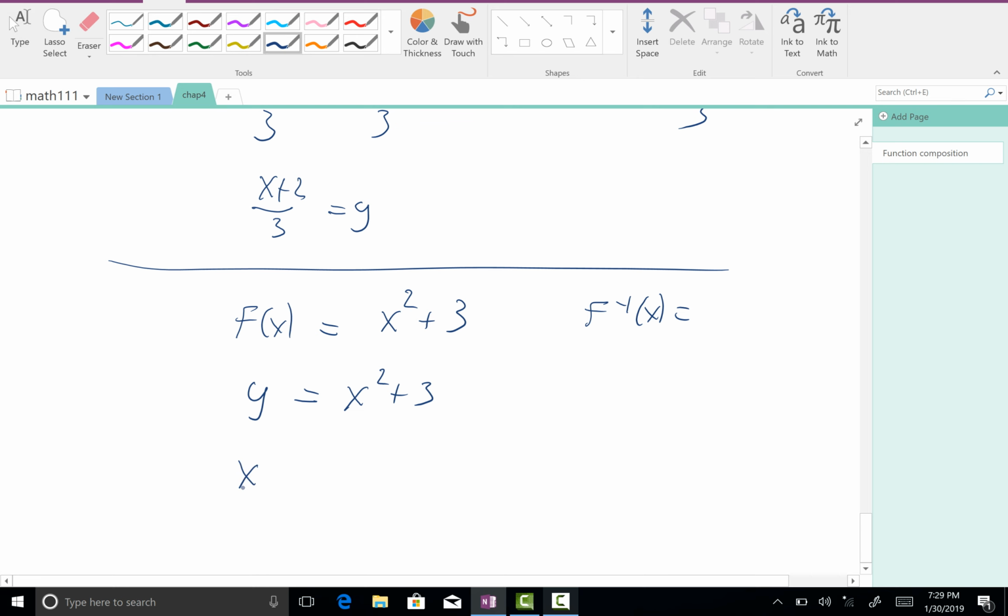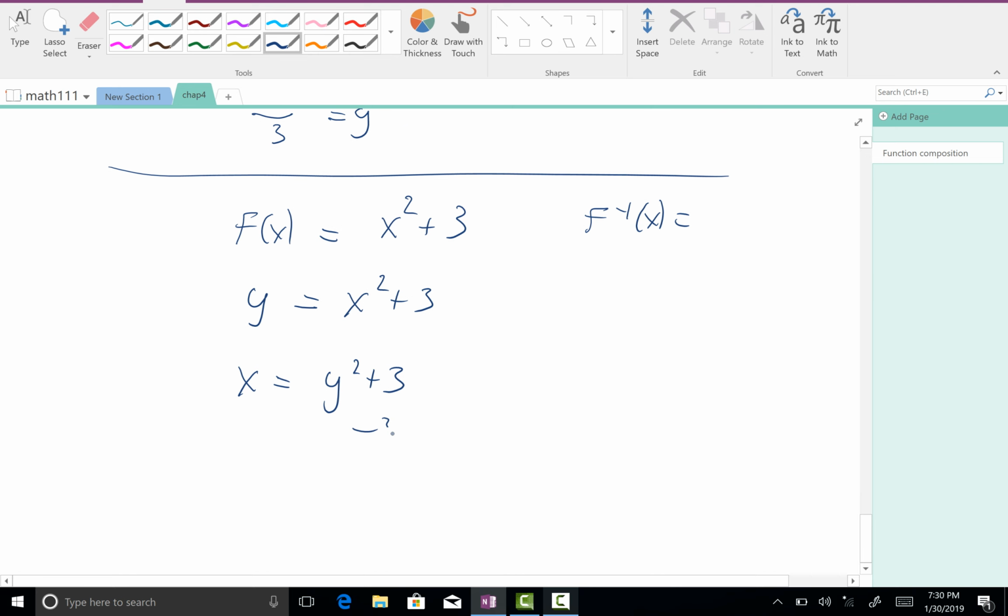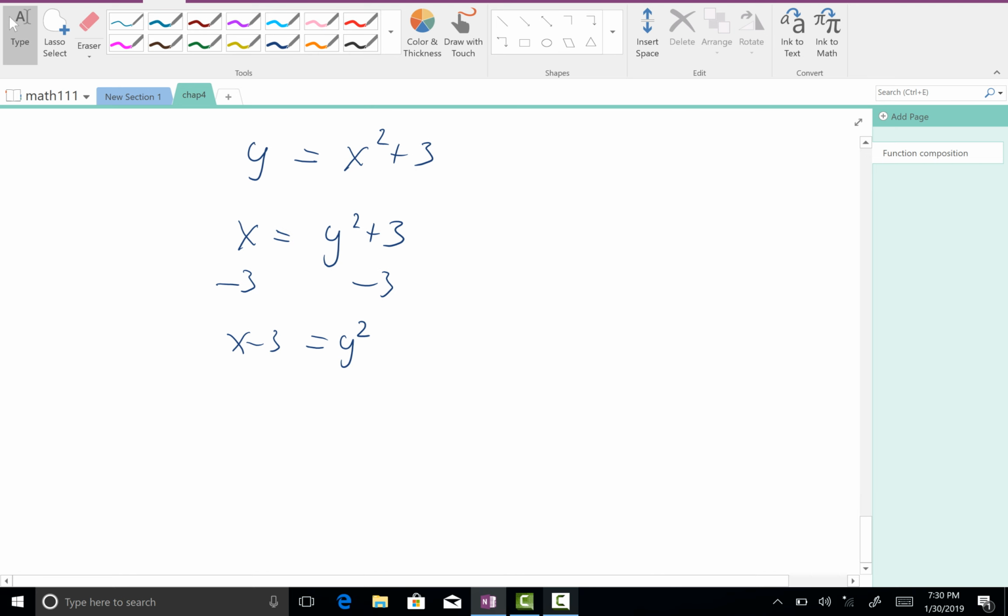Switch the x's and y's, because that's what happens in an inverse. Subtract 3 because we're going to solve for y. Got to get rid of y squared. You're going to square root. There's my inverse.